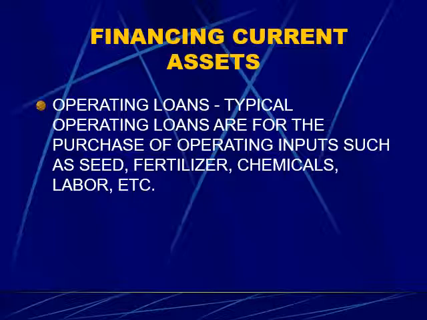So the operating loan is really self-liquidating in that it produces the product that can be sold in order to pay back the loan. That's one of the reasons that whenever we're looking at a term debt repayment capacity, we're looking at net income after operations, which is after we've taken out operating costs. Our assumption here is that the operating cost is being paid back, so that loan is no longer outstanding.